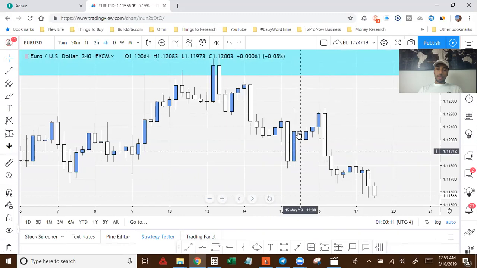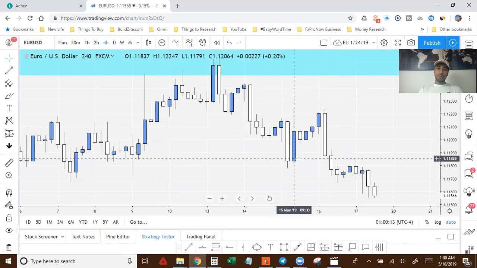The candle, let's say this one right here. This candle opened at this specific price. If you were to go to the left, you'll be able to see where it says 1.11836.